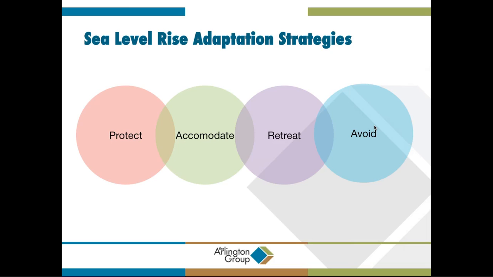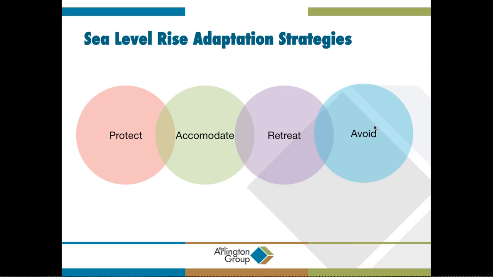And then the retreat strategy is an approach that is quite new, but in some instances, with extreme events, it may be necessary to rethink what we can protect. So retreat, or managed retreat, is an approach of backing up in an organized way.